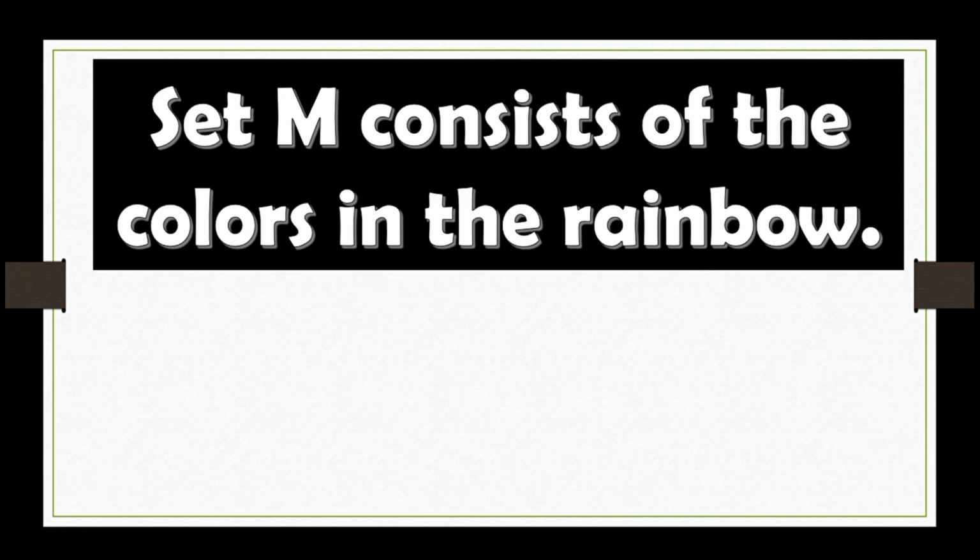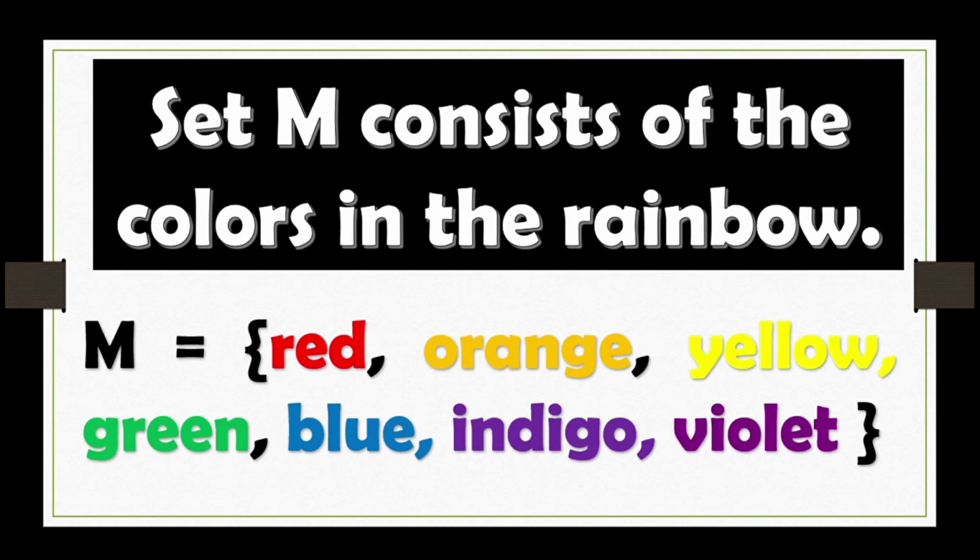First, set M consists of the colors in the rainbow. For us to write our set in roster form, we will write M equals an opening bracket with our answers, that is the 7 colors: red, orange, yellow, green, blue, indigo, violet, and a closing bracket.